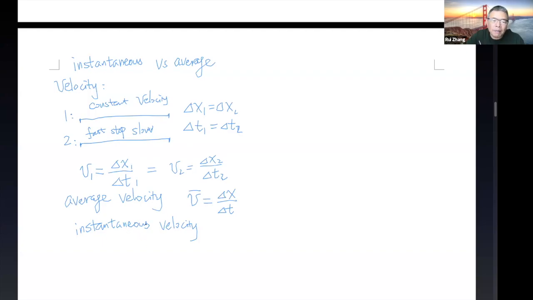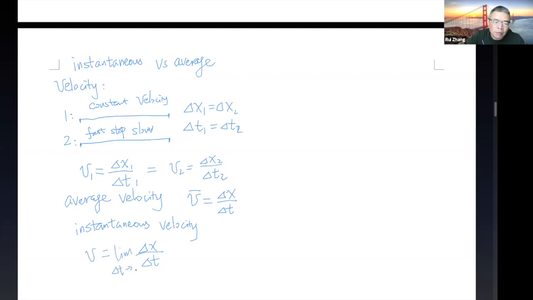So what it really means here is not actually the velocity at the moment, but when we calculate instantaneous velocity, we use the same kind of formula, delta x over delta t, but we're considering a really short time interval, okay?